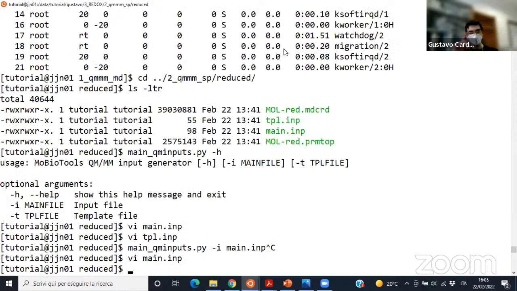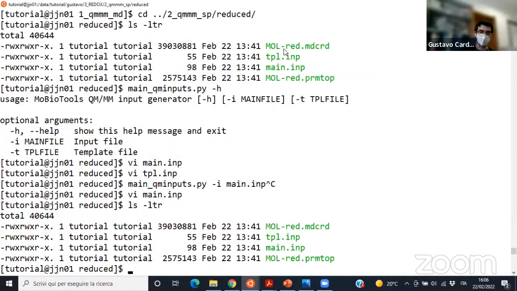Sorry, I'm actually missing one thing, and this is a really important thing. It's also written in the tutorial. So we have an MD trajectory here. The problem is, of course, the way this trajectory is shown depends on how Amber has printed the output.